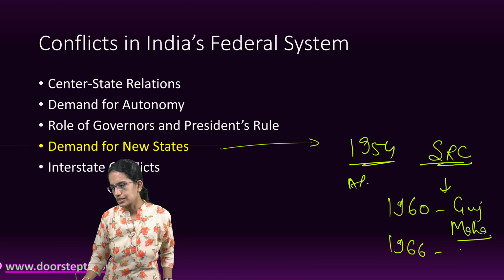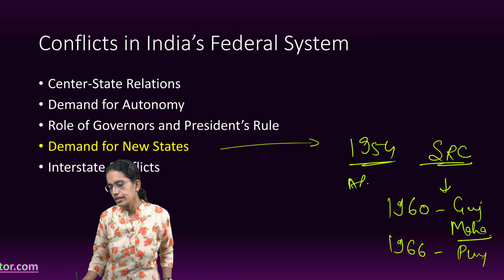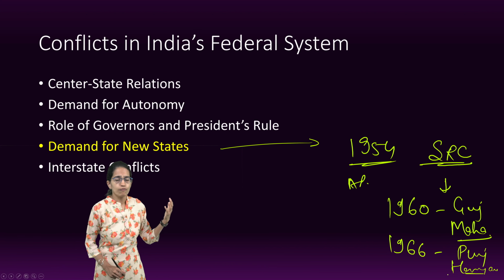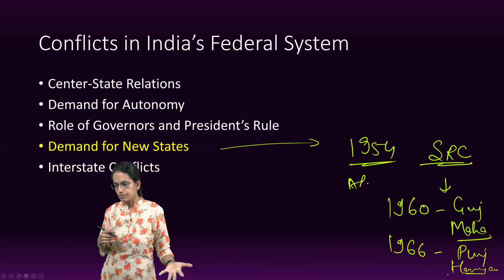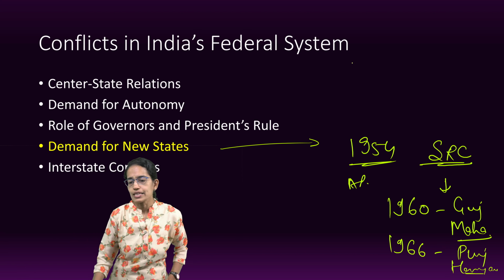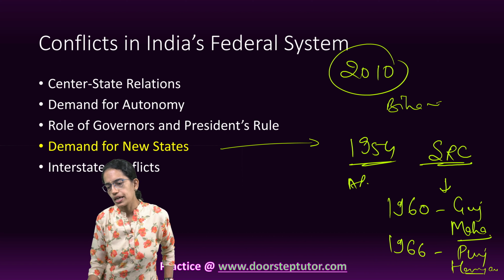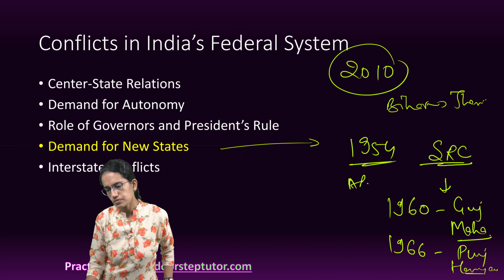In 1966, we had Punjab and Haryana being created, and later on the various northeast states of Meghalaya, Arunachal Pradesh, and Manipur were created. Then in 2010, there were 3 new states formed. From Bihar, it was Jharkhand.